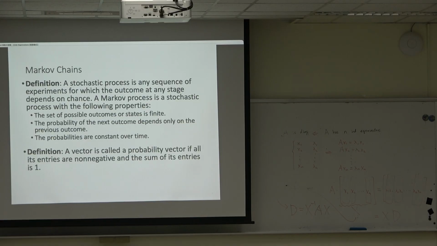But anyway, we usually discuss the first order, so the outcome depending only on the previous one. Okay, the last one, the properties are constant all the time. So these three rules help you to understand the Markov process.